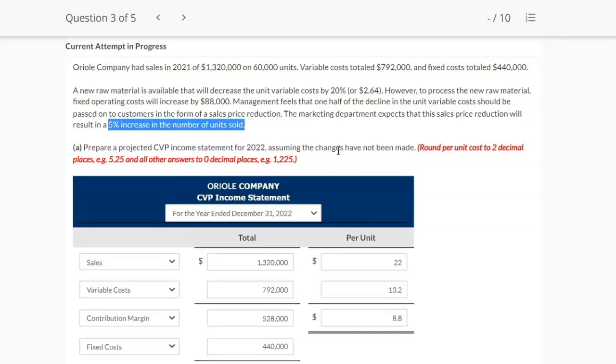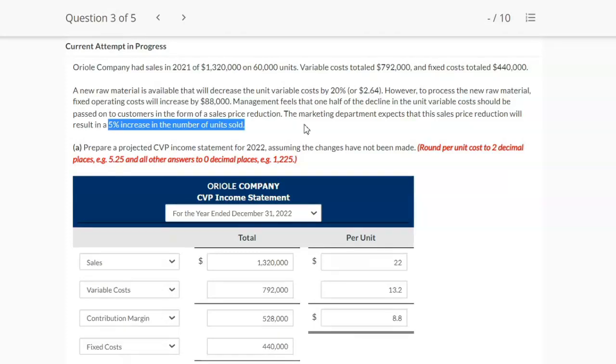Is the selling price changed? Yes, they are going to decrease the unit variable cost. Management feels that 1/2 of the decline in the unit variable cost should be passed on to the customer in the form of a sales price reduction.